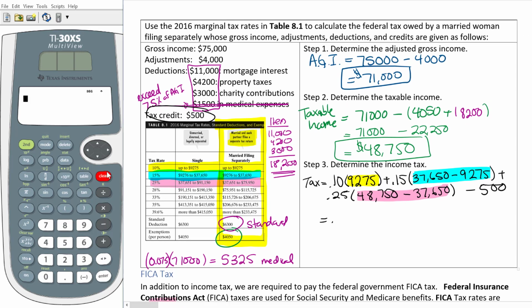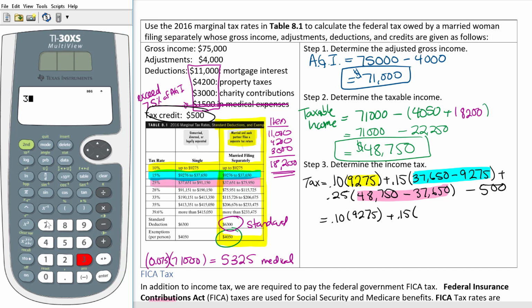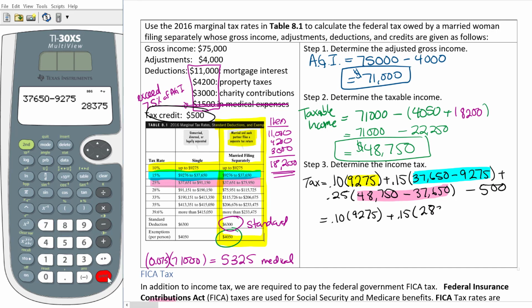Let's make sure that I've calculated each of these groups correctly. So I'm just going to do the subtraction inside the parentheses first. So I have $37,650 subtract 9,275. That gets $28,375.